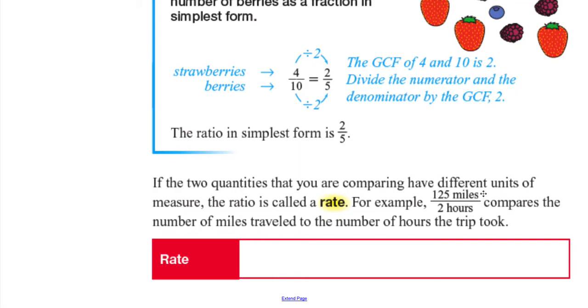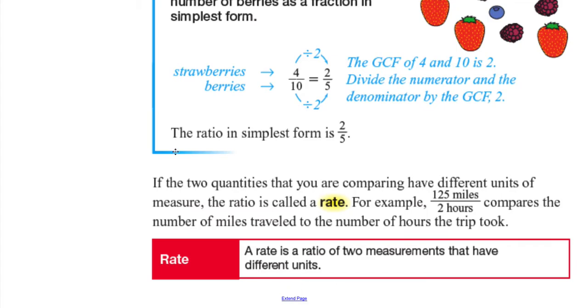For example, 125 miles over 2 hours compares the number of miles traveled to the number of hours the trip took. So basically, the rate of the trip was 125 miles in 2 hours. So they traveled 125 miles in the time of 2 hours. The definition of rate is a ratio of two measurements that have different units.